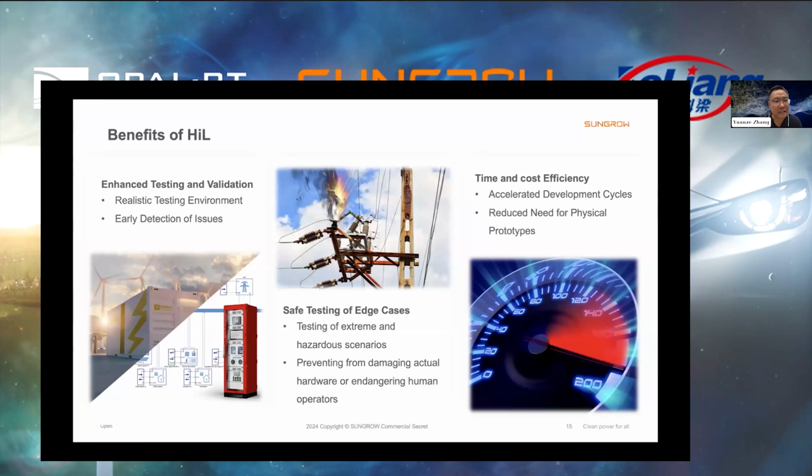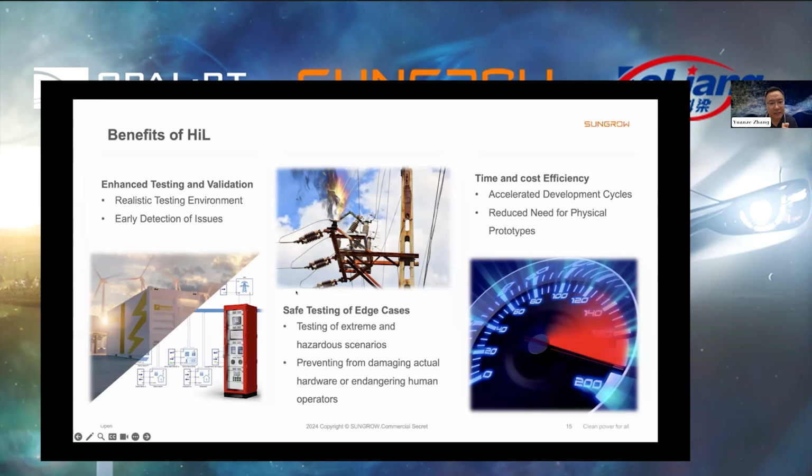The realistic testing environment HIL provides can help us to detect software issues at an early time. That helps our R&D teams to accelerate their software development by a significant amount of time.